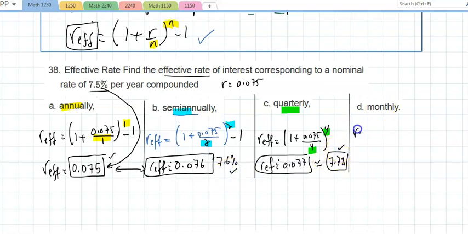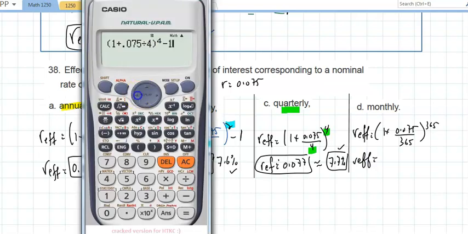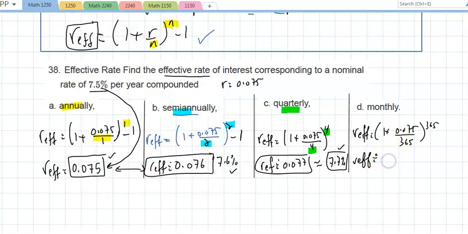And if you put it monthly, that's the equivalent of this bank paying me monthly. There are 12 months in a year. And that would be 0.078, if you round.